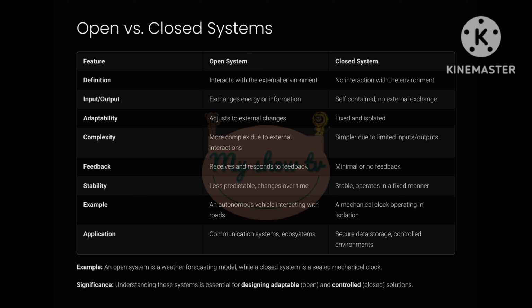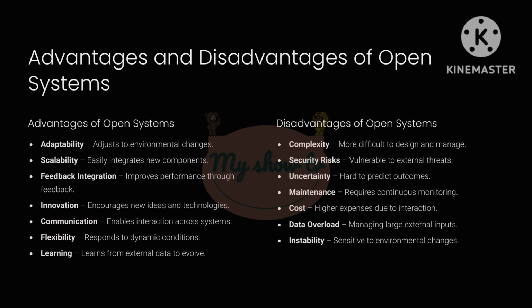Closed systems are used in controlled settings, like data encryption or mechanical devices, where consistency is required. Understanding the distinction between open and closed systems helps in engineering designs, ensuring adaptability in open systems and security or consistency in closed systems. Slide 5.